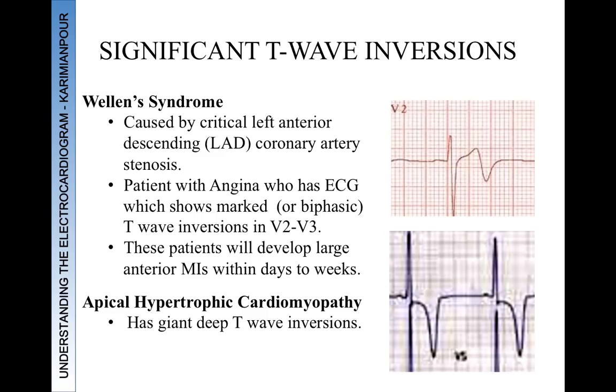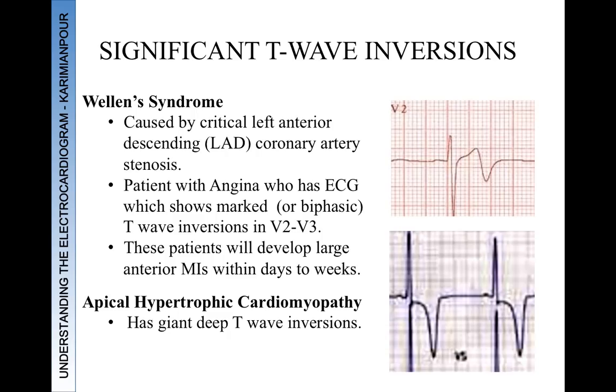Significant T-wave inversions, I think this is important to recognize. So the first one is Wellens syndrome. This is the most important one. This is caused by a critical left anterior descending coronary artery stenosis. So patients who present in the right clinical setting with angina, who have an ECG that shows either a biphasic or markedly inverted T wave that's sort of deep, can even look like this bottom image sometimes in the anterior leads, you should be cognizant of this and be wary that they may have Wellens syndrome.